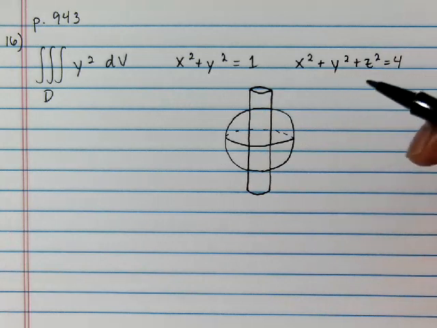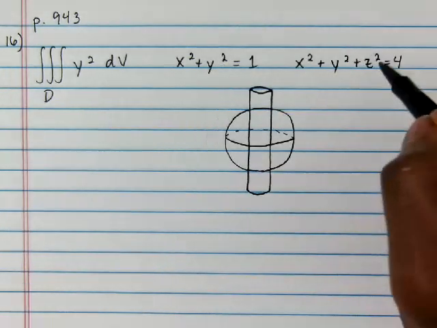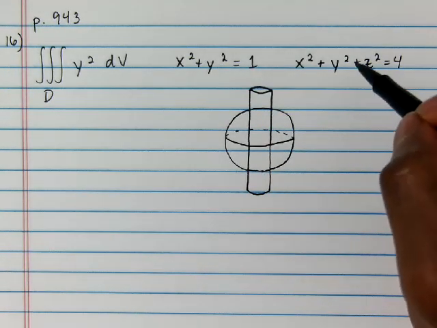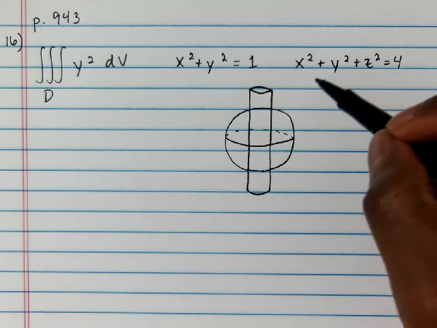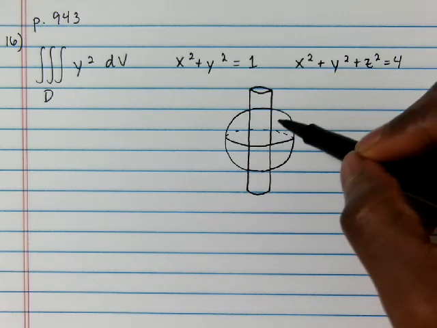So they said common to this and this, meaning that the region that we're considering has to be inside of both of them, not inside of just one or the other.